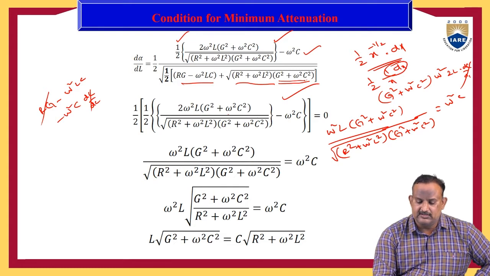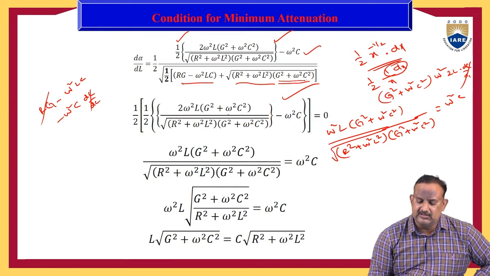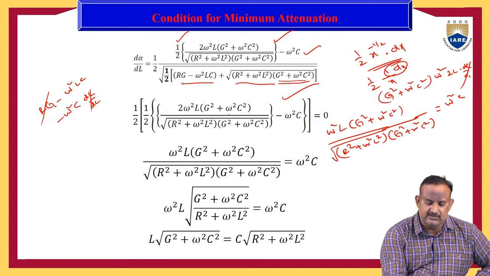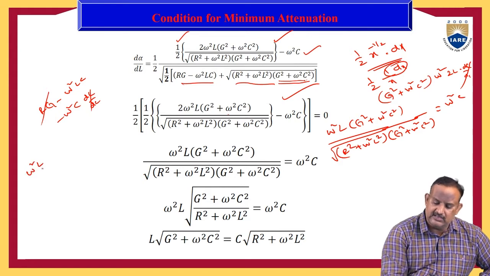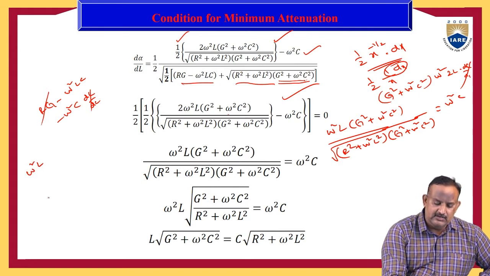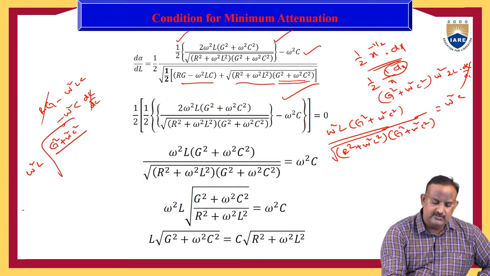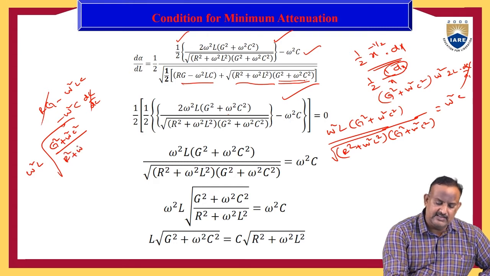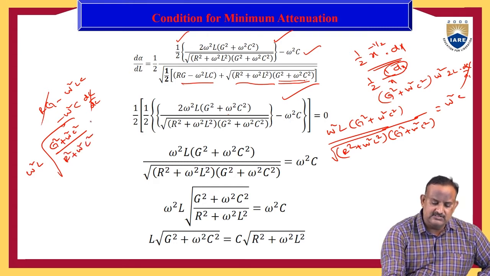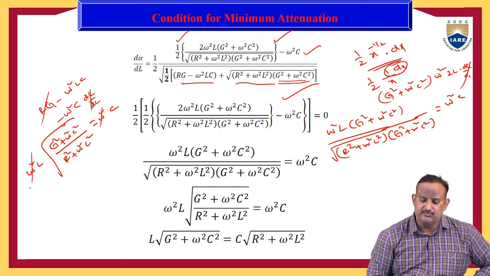Before cross multiplying, we can modify the equation: omega square L into root of G square plus omega square C square by R square plus omega square L square, which is equal to omega square C. Omega square cancels on both sides.